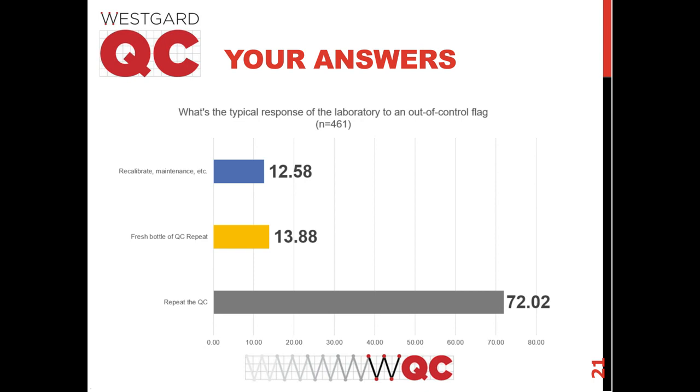You start to think, do I smell the smoke? Somebody go out in the hall. Do you see any smoke? If not, let's just keep going. So the fact that we may be choosing 2 SD control limits, that corrupts our response to the outliers. And we're tempted to do this repeat QC because we're dealing with so many false alarms.